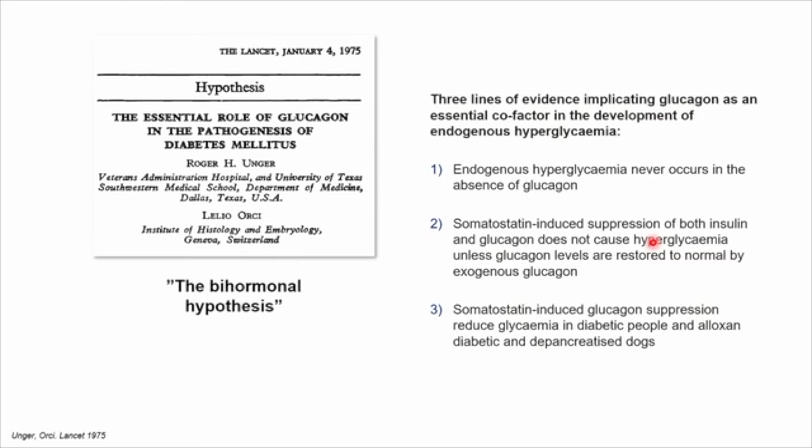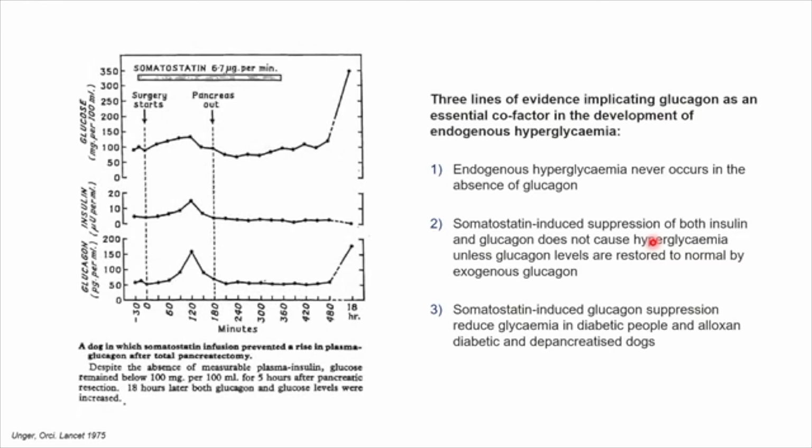Actually, this heavily cited hypothesis paper only has one figure in it. So in a way, it's a case report about a dog. This dog was undergoing a total pancreatectomy, and what Lelio Orci and Roger Unger did was give it a somatostatin infusion during the pancreatectomy.